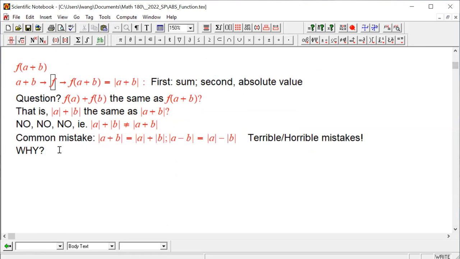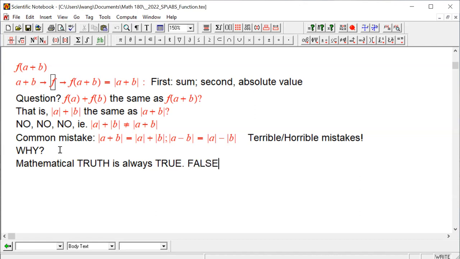First, let's review what mathematical truths are. A mathematical truth is always true. Otherwise, it cannot be called a mathematical truth.